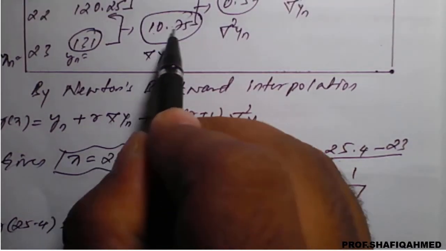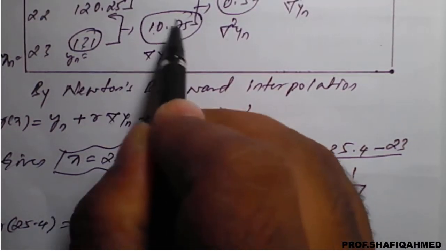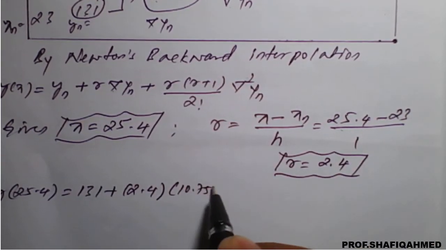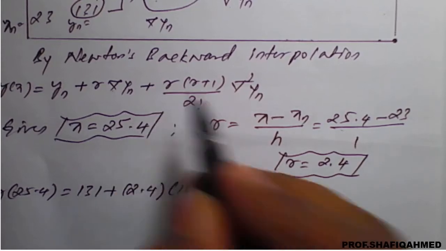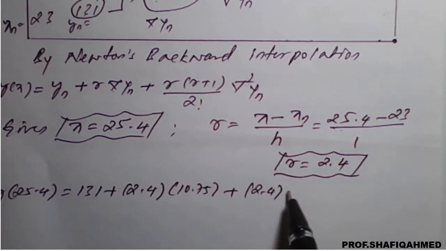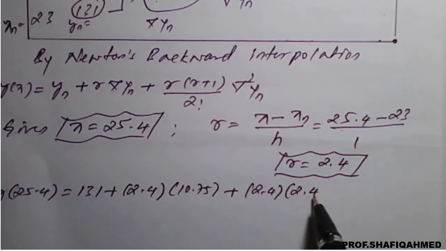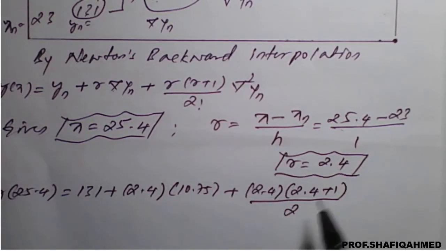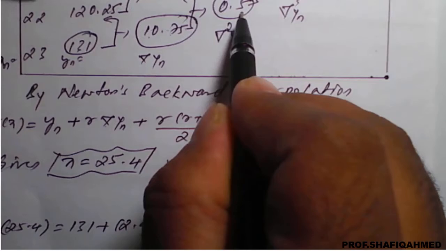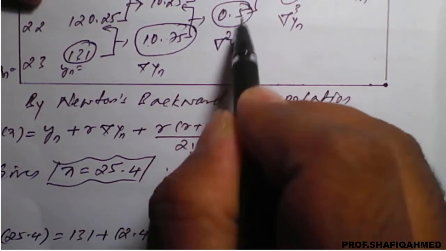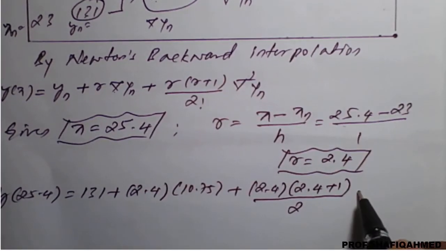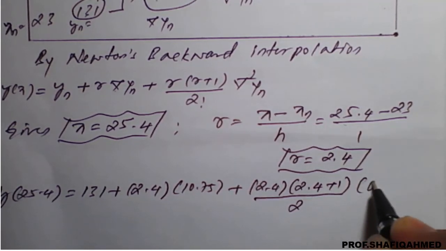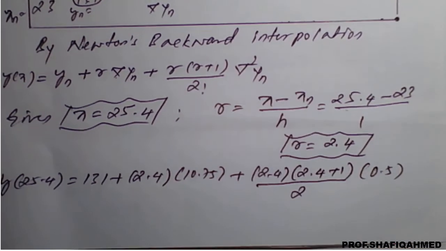Nabla of yn is 10.75 from the table, so you write 10.75, plus 2.4 into 2.4 plus 1 divided by 2 factorial, which is 2, into nabla square of yn, which is 0.5 from the table. The lower value of your third column is 0.5, and the remaining are all 0, so leave them.